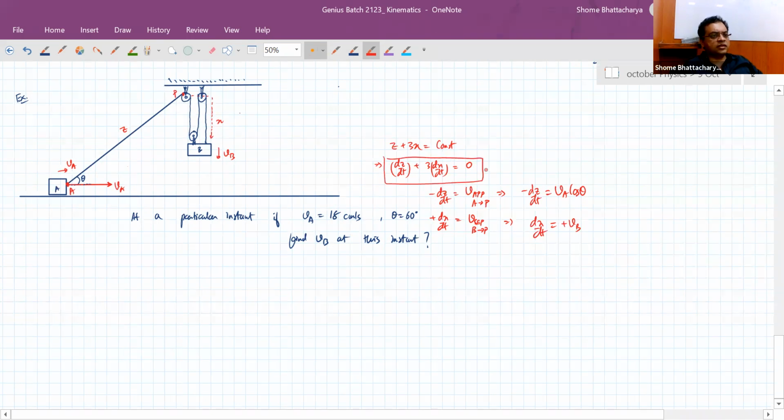So this constraint relation becomes like this. This is our thread length conservation constraint relation, which in this case will become 3 centimeters per second.